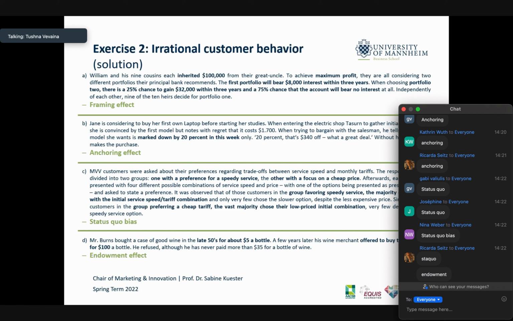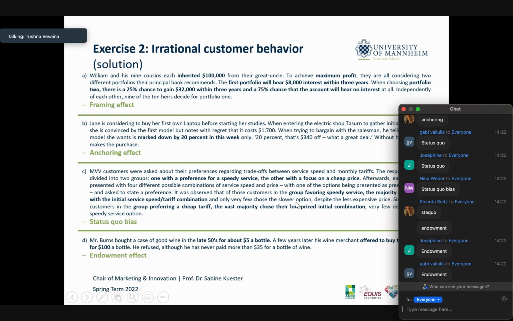So this would be long back, and the person would be an older person. For $5, obviously the price increased, and he was offered $100. Even though he would never spend that much, he refused to sell it to someone who was willing to pay that much for the bottle of wine. And this is endowment effect.